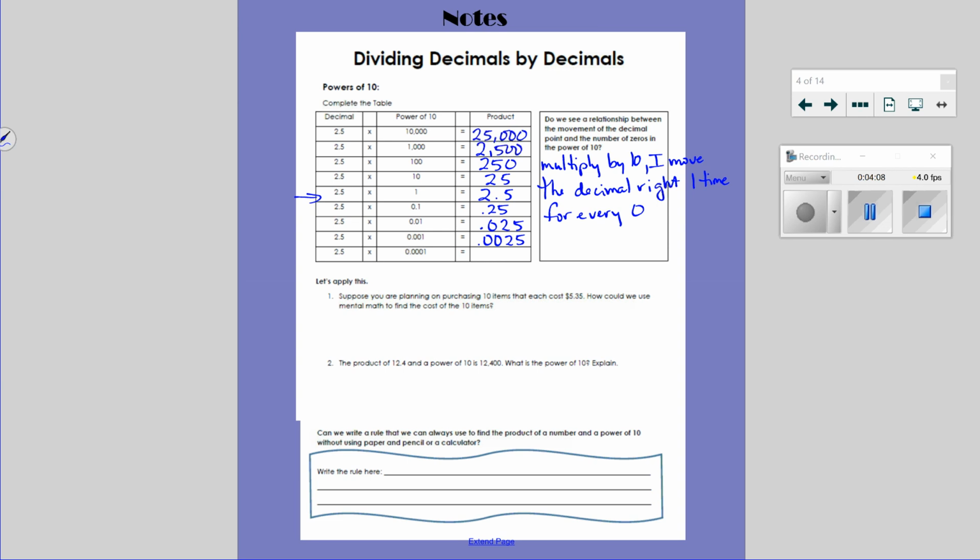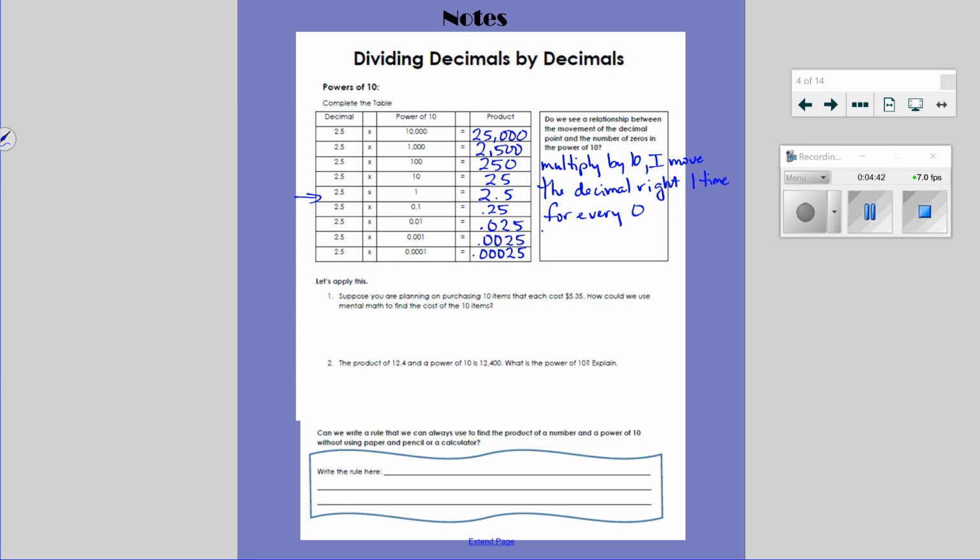And 2 5/10 times 1/10,000 would be, or no, 1/100,000th. No, 1/10,000th would be 25 hundred-thousandths. So now I'm up to 3 zeros before the 25. Now what do you notice when I multiply by decimals? The decimal moves 1 left for every decimal place, right? And the key is it's powers of 10.